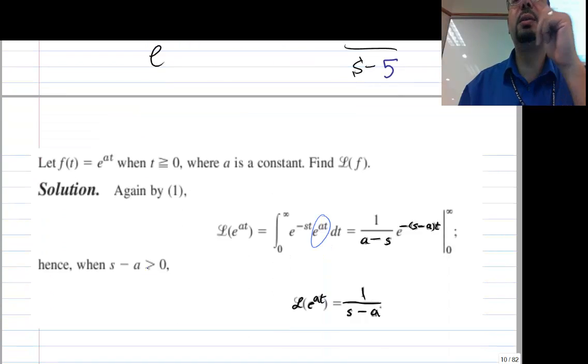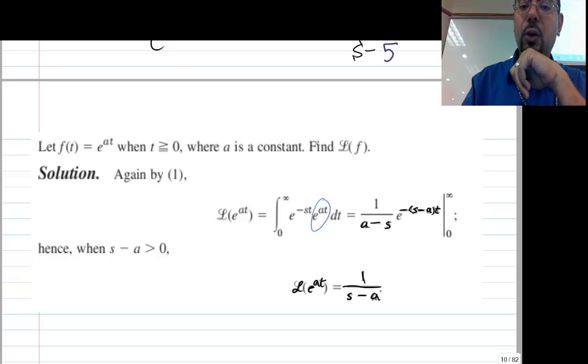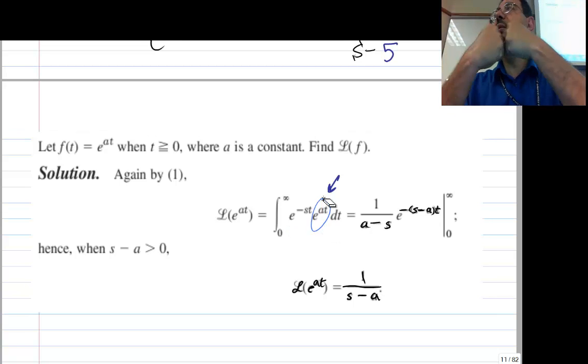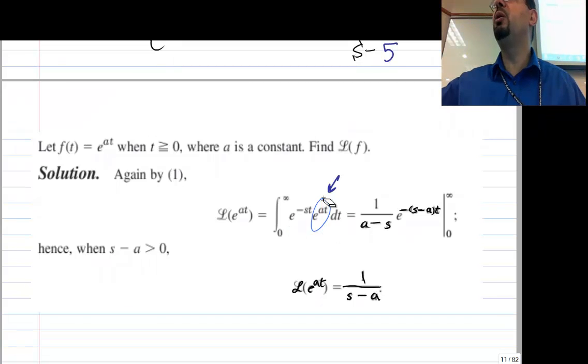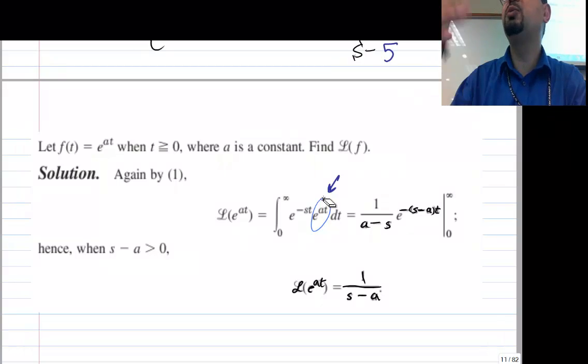How do you prove this? You just put it inside the integration, hit it with e to the minus st, and you integrate from 0 to infinity. When you have two guys, e to the power ax multiplied by e to the power bx, it's basically e to the power ax plus bx.